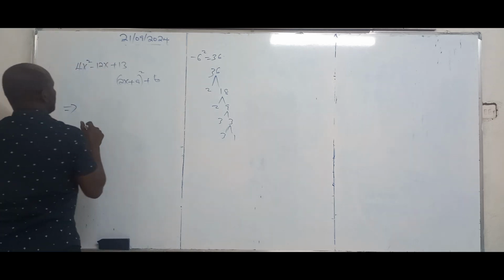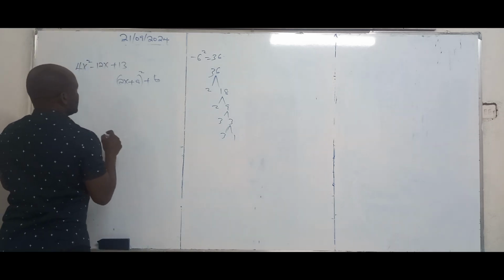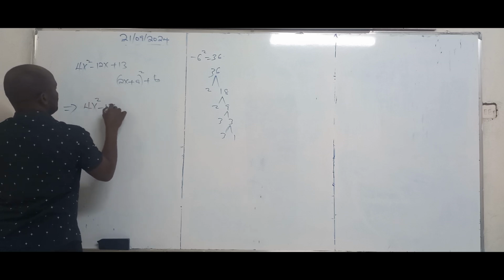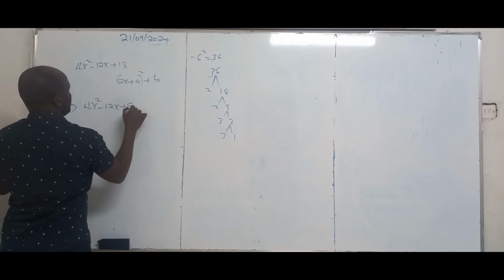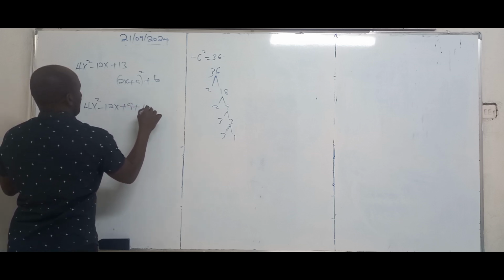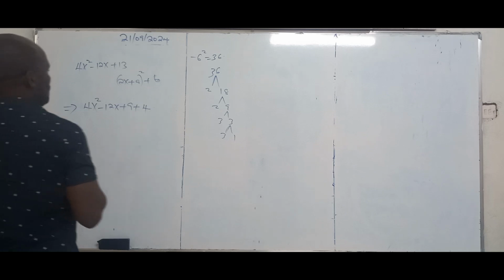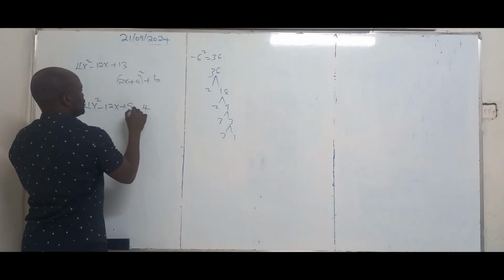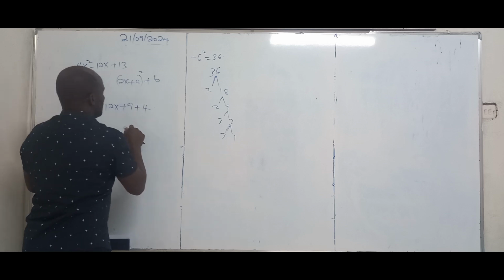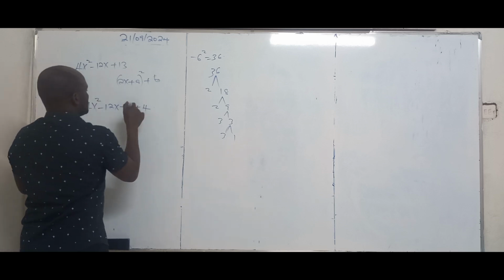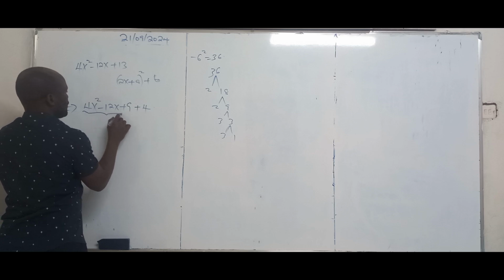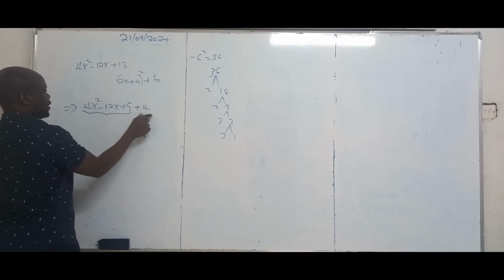So I will be having 4x squared minus 12x plus 9, plus 4. Well, one would have decided to put 4 here, but for convenience, that's why we put 9. So having 9 will give us a perfect square, and we have a 4.